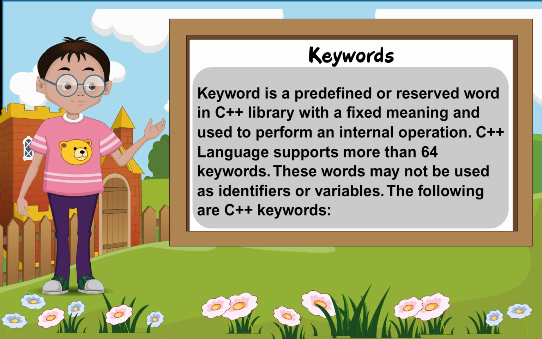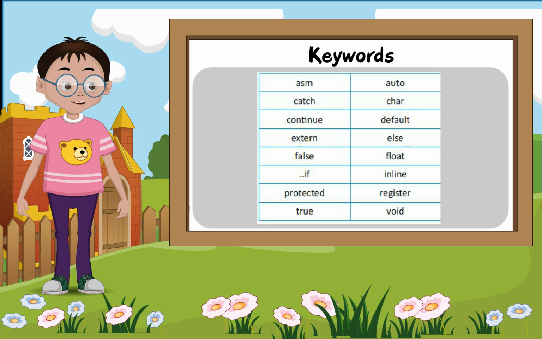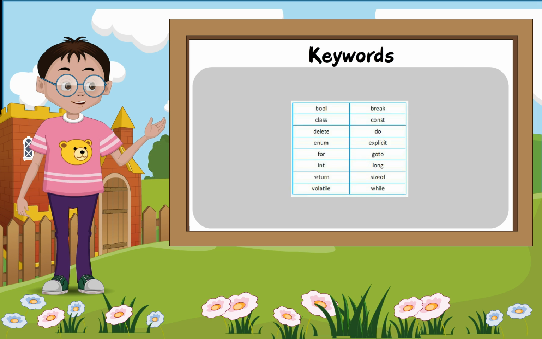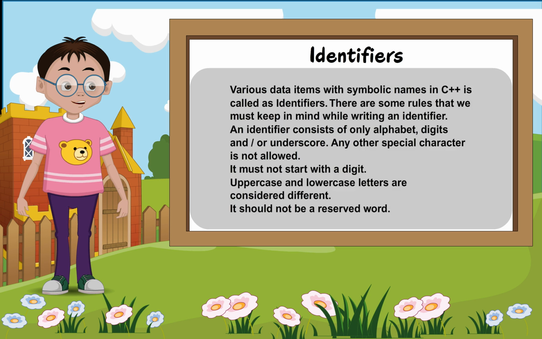The following are C++ keywords: asm, auto, bool, break, catch, char, class, const, continue, default, delete, do, extern, else, enum, explicit, false, float, for, goto, if, inline, int, long, protected, register, return, sizeof, true, void, volatile, while.